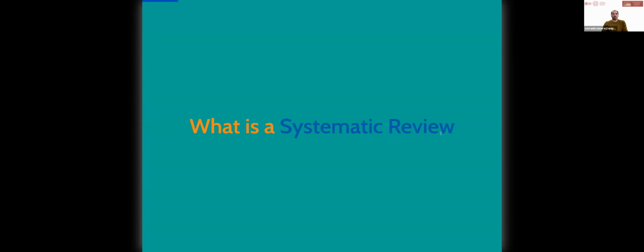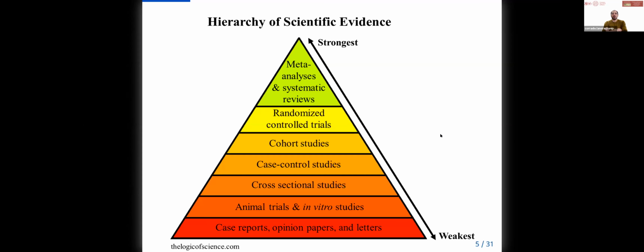So what is a systematic review? If we look at the scientific evidence pyramid, meta-analysis and systematic reviews are placed on the top of it because their aim is to collect all the evidence that all the other studies in the scientific community have provided, to gain an overview of all of that and more robust results.